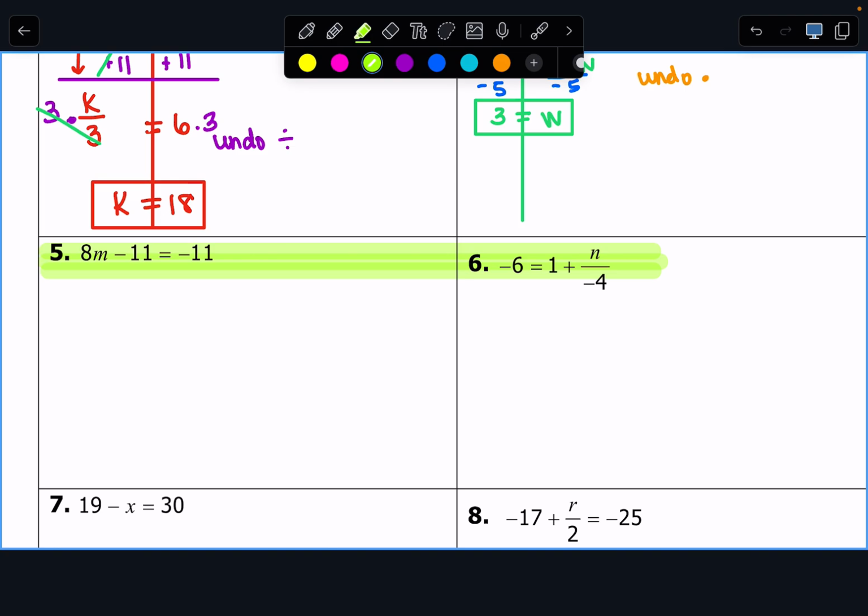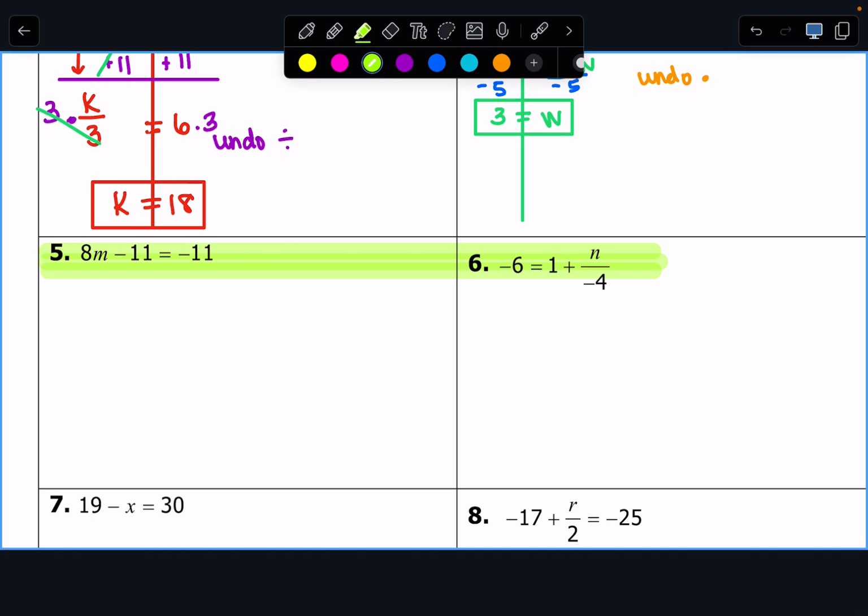So we need to undo the addition and subtraction to get that by itself. What's the opposite of subtraction? Addition and subtraction go together, multiplication and division go together. So that's a subtraction, and you need to add 11 to both sides.